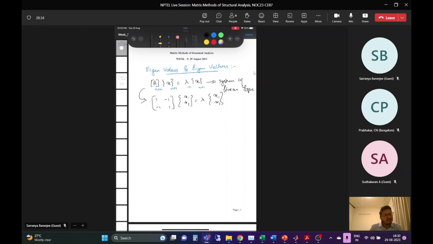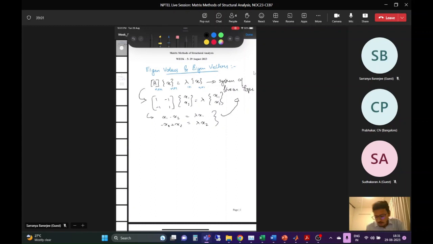What does this system mean? It means x1 minus x2 equals lambda x1, and minus x1 plus x2 equals lambda x2. This is the original system of linear equations.